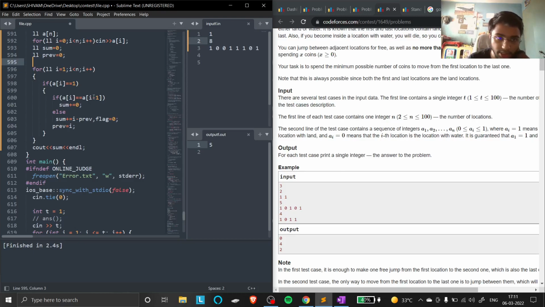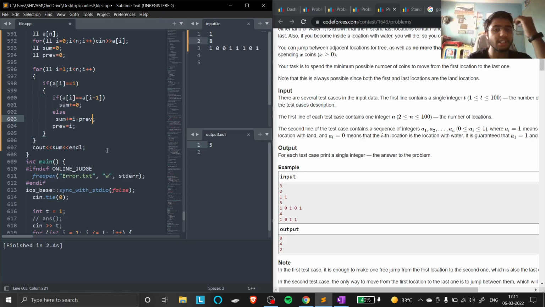If both are 1, it means we are moving on ongoing land, so no charge, the sum stays 0. Otherwise it would charge us I minus prev, and whenever land is coming, we store the index of it in prev. That's the only thing.